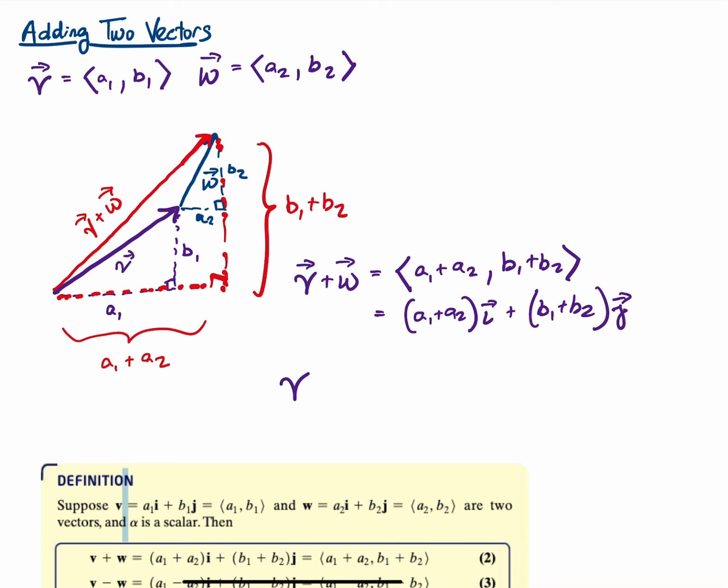And similarly for vector subtraction, if we did v minus w, we just need to subtract their corresponding components. So this would be a1 minus a2 and b1 minus b2. And we can use this other form as well.